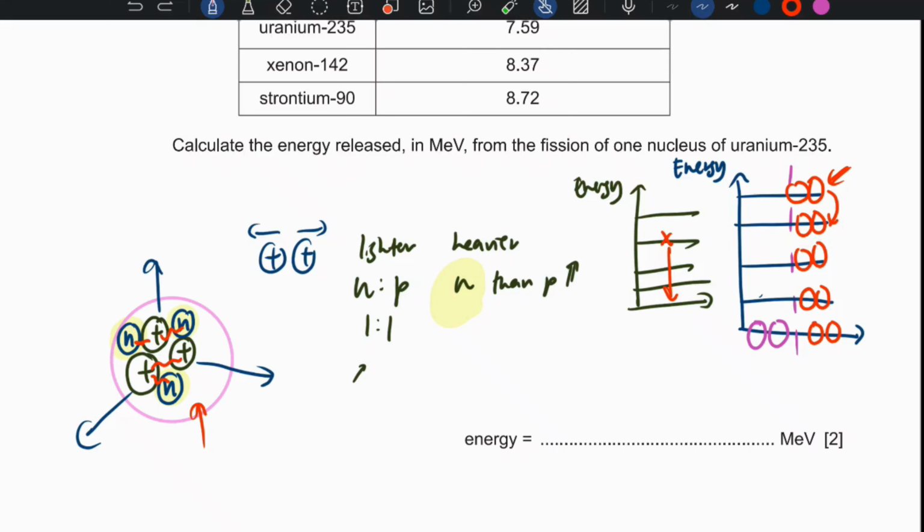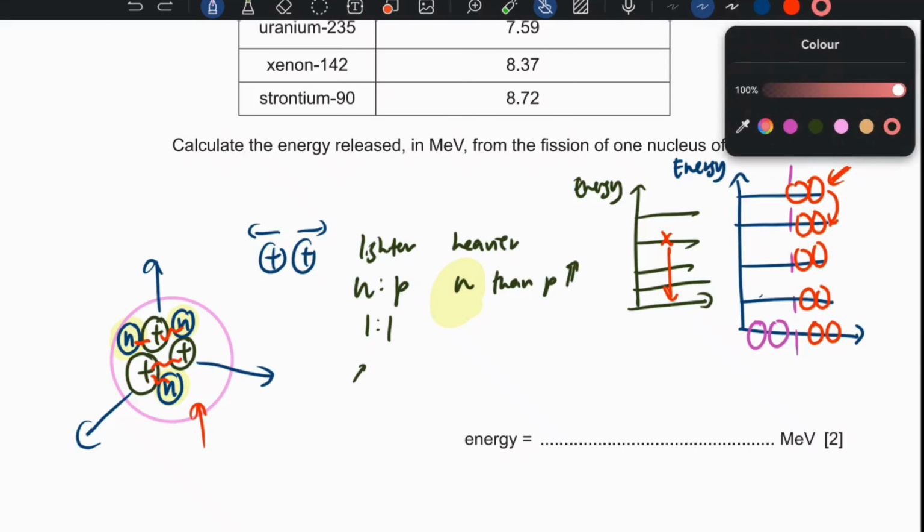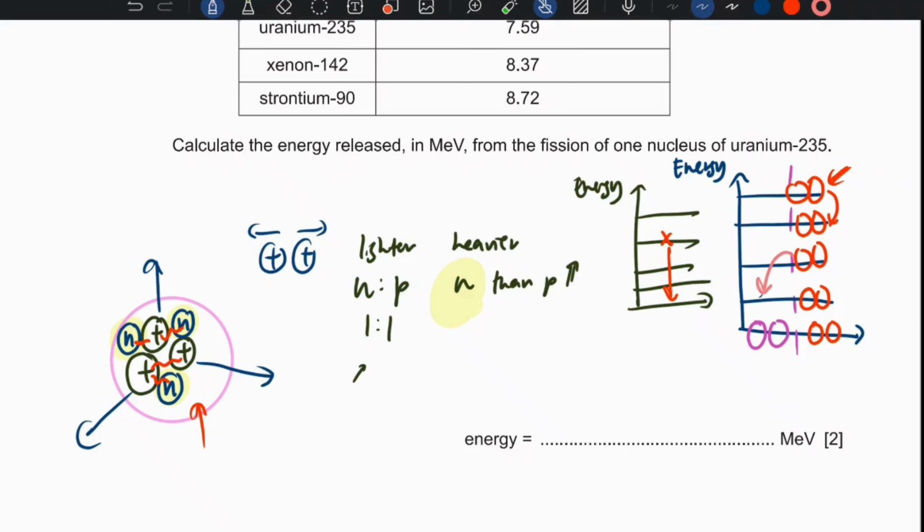If you think that the neutron can actually jump to this energy level, no, it can't, because like I said, this portion is reserved for the proton energy level and this portion is reserved for the neutron energy level. So is there something that I can do to make the nucleus more stable now?